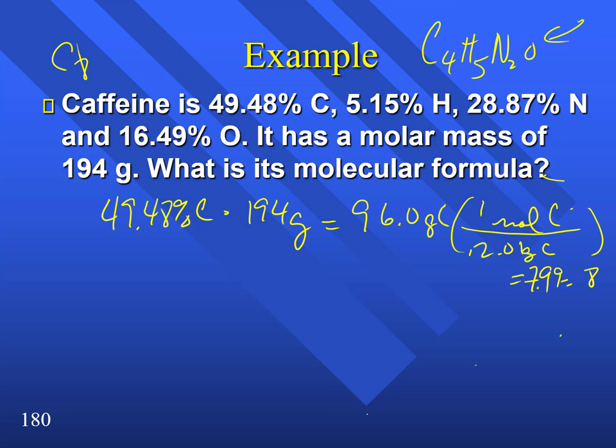Okay. Same thing with hydrogen. Take 5.15% hydrogen times the 194 grams divided by 100, and I get 9.99 grams of hydrogen. Change that to moles.